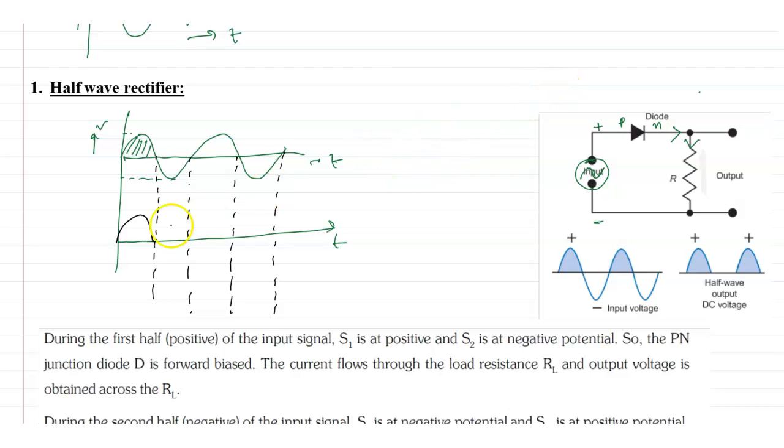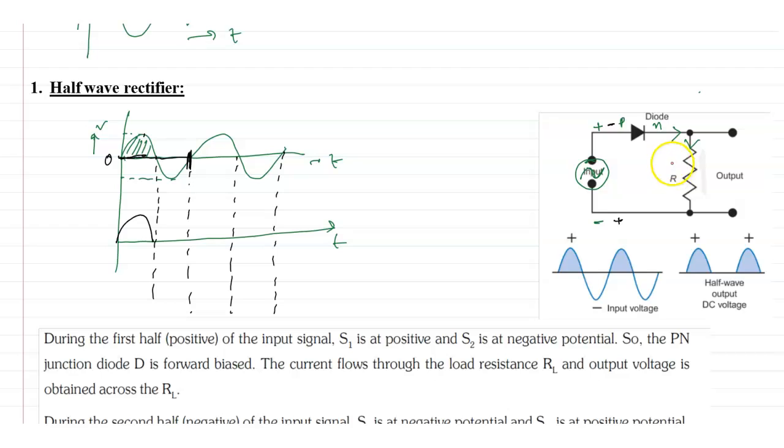Then for the second half: one cycle is completed from 0 to this point. This is the complete cycle, where one half is above 0 voltage and the other is below 0 voltage. This is the first half. For the second half, the upper point is now negative and the lower point is now positive.